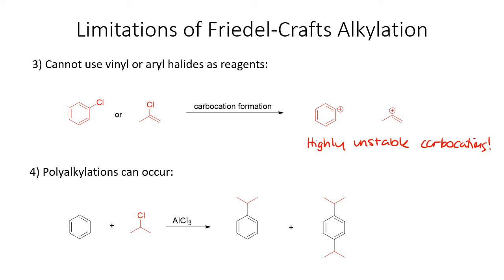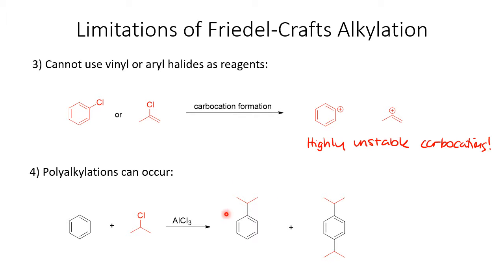And our last limitation of Friedel-Crafts is that polyalkylations can occur. That means we can actually add a number of alkyl groups to our benzene ring. This has to do with the fact that alkyl groups are what's known as activating groups. They're going to make the benzene ring a lot more reactive.